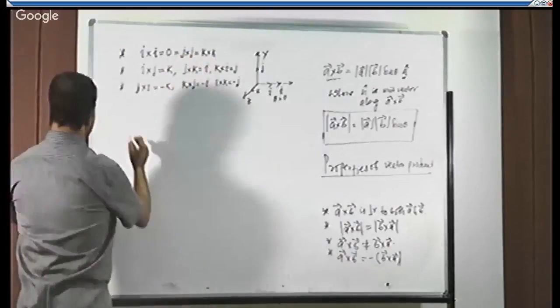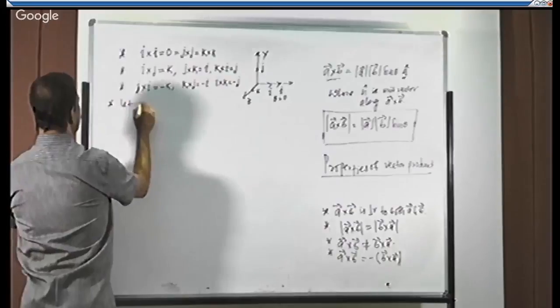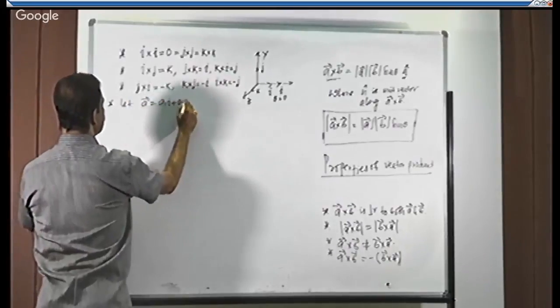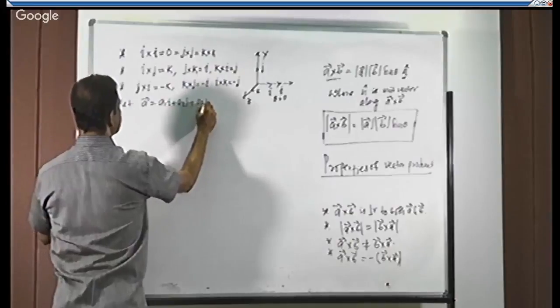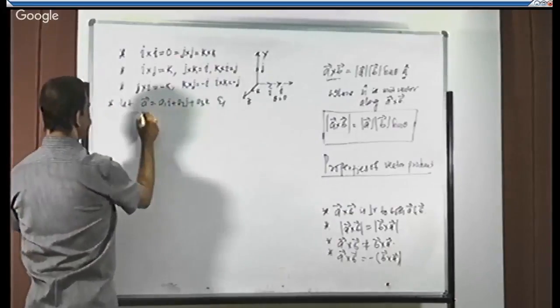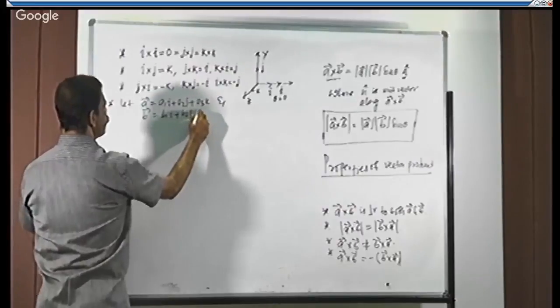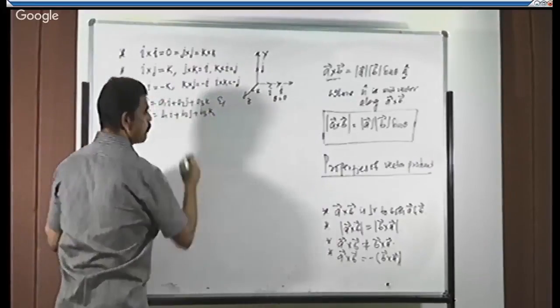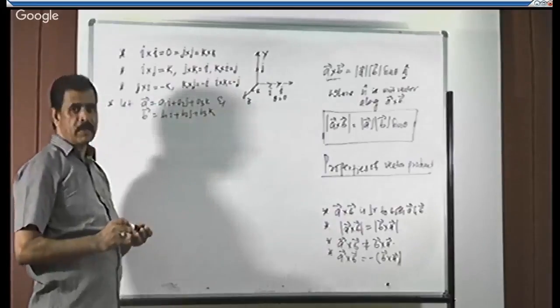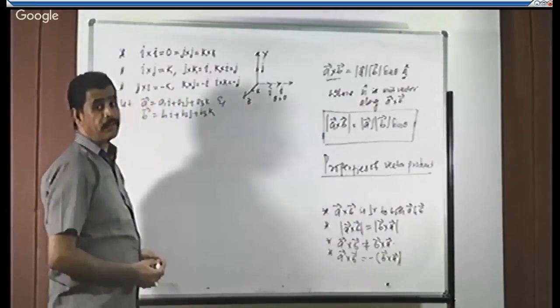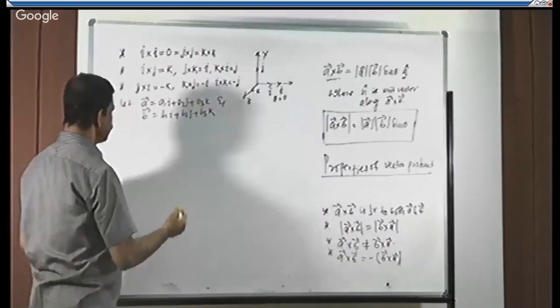Let us take two vectors: A is equal to A1 I plus A2 J plus A3 K, and B is equal to B1 I plus B2 J plus B3 K, which are two different vectors. Their cross product, how to find it? That is an important issue.